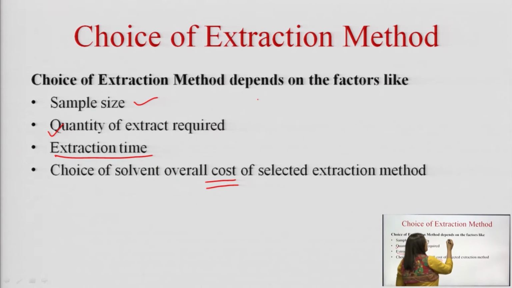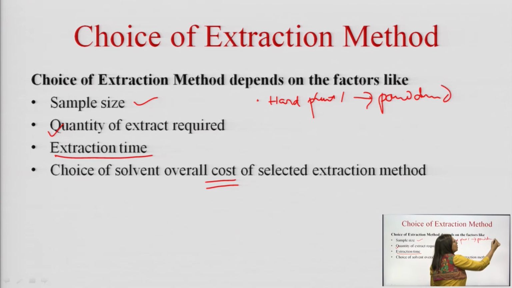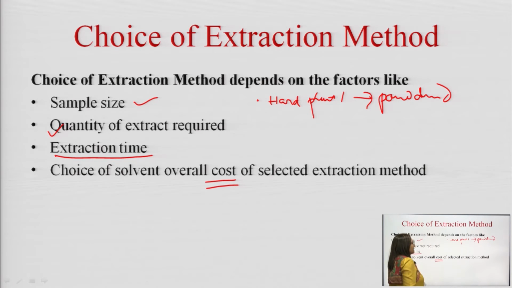Suppose a substance is a hard type of plant material or animal product, such a substance has to be powdered coarsely, moderately or finely to get the desired sample size.